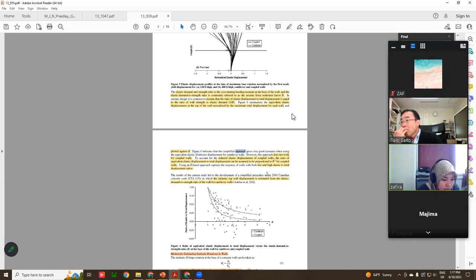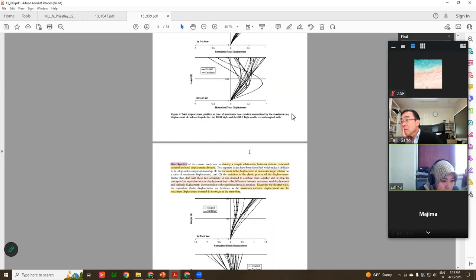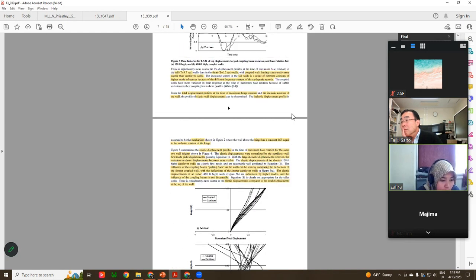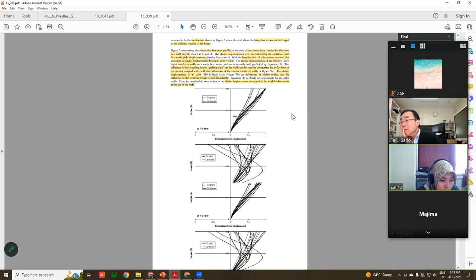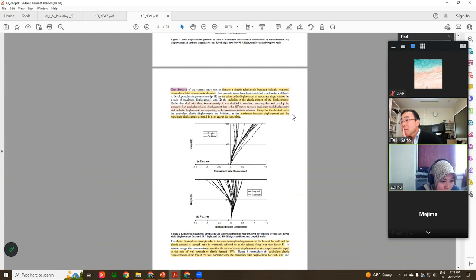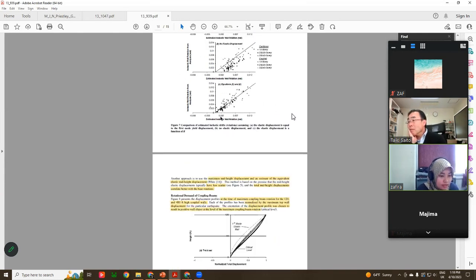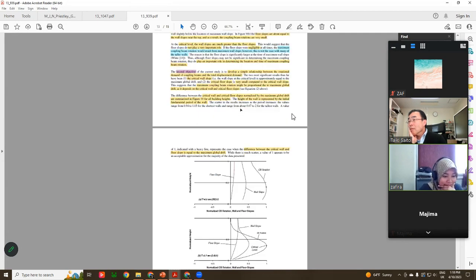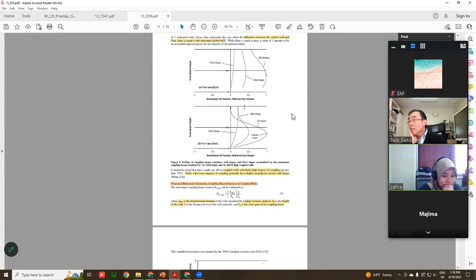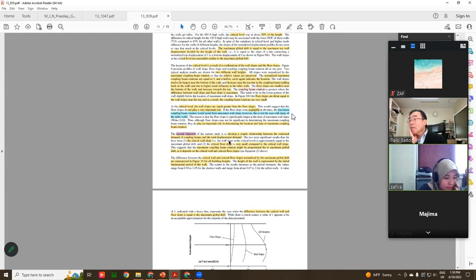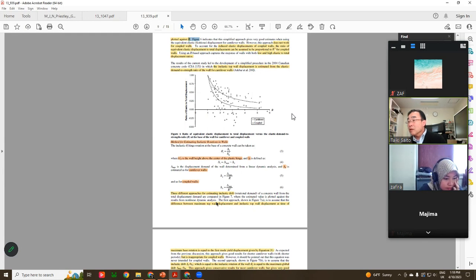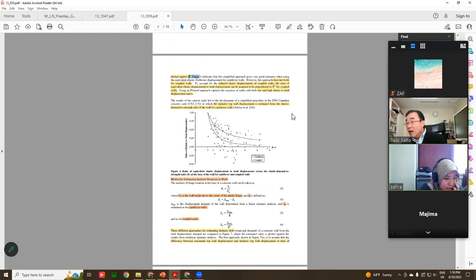I believe R is... I read about R, but I forgot about R. It's related to the R base of the structure. This one.